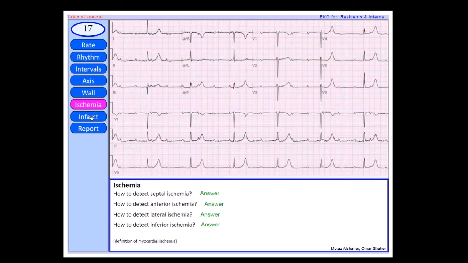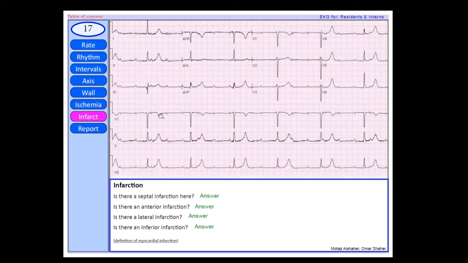Now, infarction. Next, we do the same thing. We assess the possibility of infarction in all aspects of the cardiac leads. So, in the septal, anterior, lateral, all normal. But if we look here in the inferior, click here, we notice Q waves in lead 3.